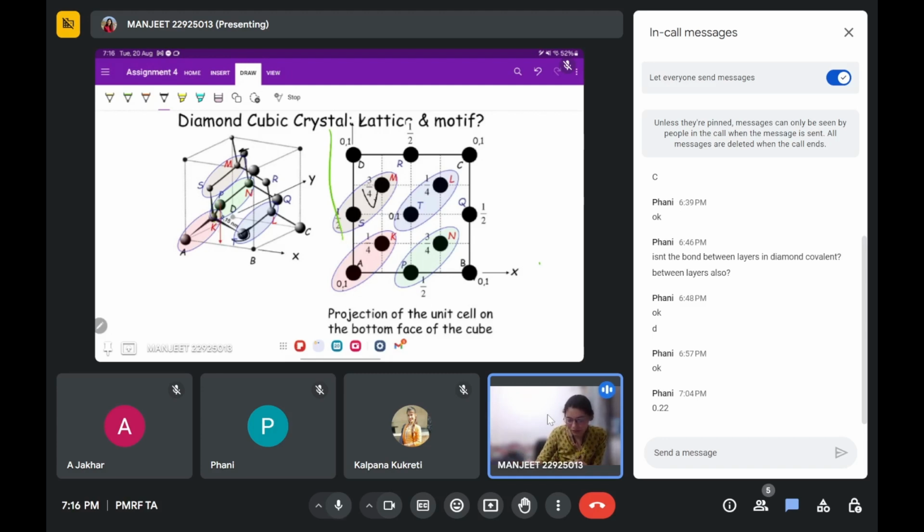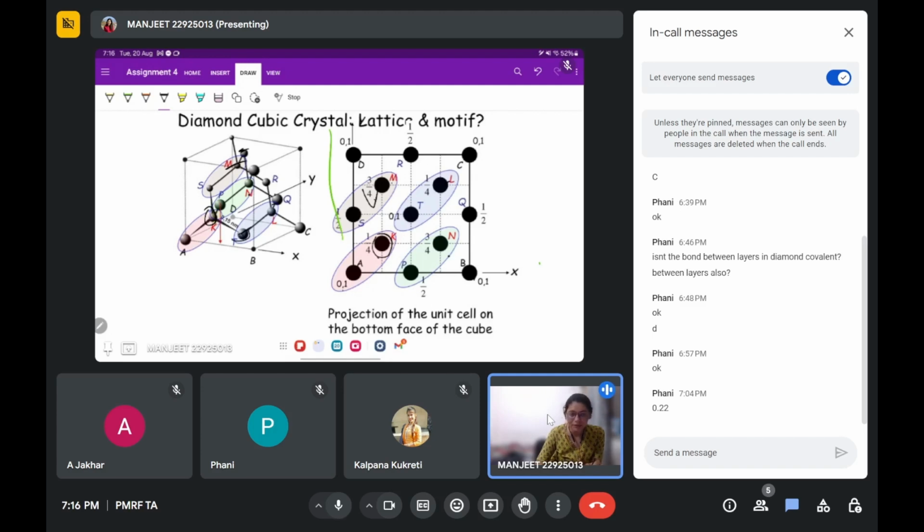If you consider this atom k, this is not the face diagonal one. If you project here, that will be at the distance of 1 by 4. Similarly your n will go to 3 by 4, and your l, because these are only the four ones: l, l, k, k, l, m, n.